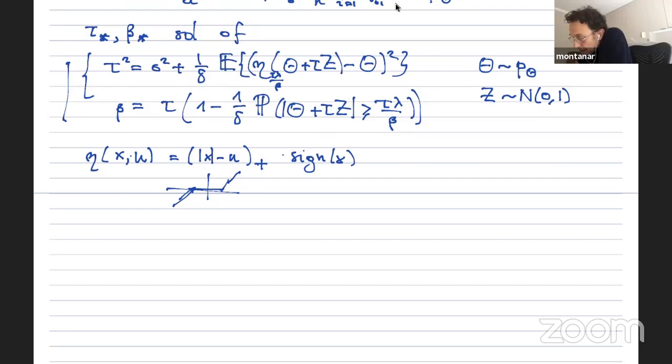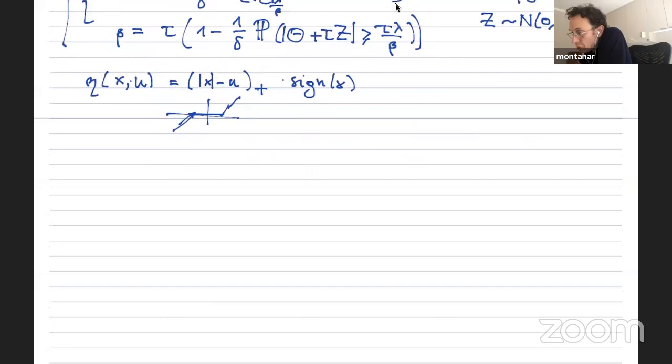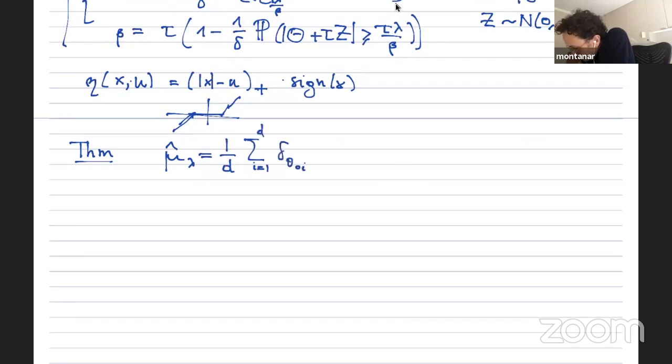And then this will give me the limit distribution of the lasso in the following sense. Let me just state this thing. I look at mu hat lambda, which is 1 over d, the sum over i from 1 to d, of delta at theta 0 i, theta hat i. So this is the joint empirical distribution of the true vector and the lasso estimate.